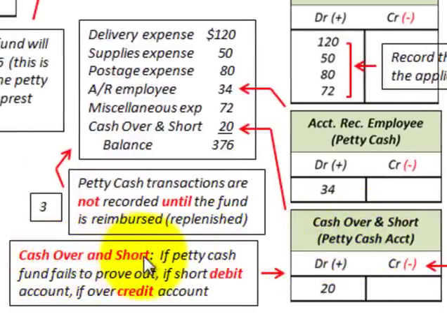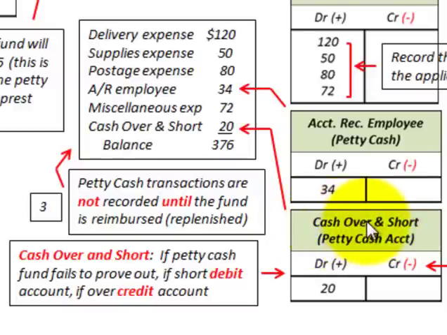Now, just to further explain this cash over and short. If the petty cash fund fails to prove out, and if it's short, we would debit it because it acts as an expense account. And if it was over, we would credit it. We would credit or reduce our expense if it was over by $20. This is how we account for any overages or shortages.